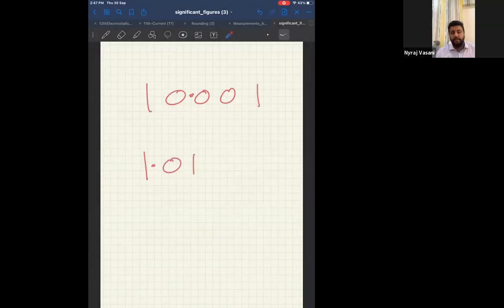If the number is less than 1, comma, the zeros that come before the first non-zero number are insignificant, means are not significant.